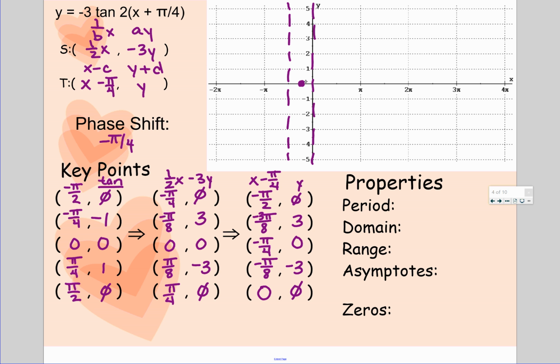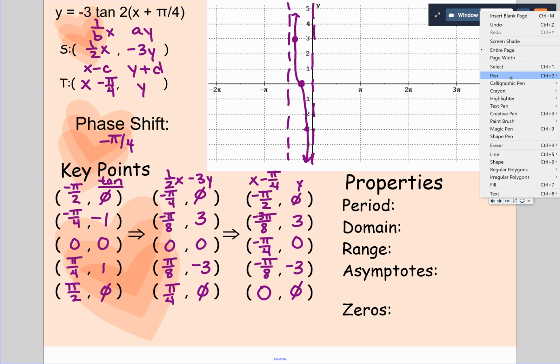And then between the 0 and the asymptote is where you're going to have points. One's going to be above the axis, one's going to be below the axis. Negative pi over 8, I'm at negative 3, and negative 3 pi over 8, I'm at positive 3. And then connect those 3 points. It's almost going to look like the graph of a cubic function, that similar shape there. And that's our graph.